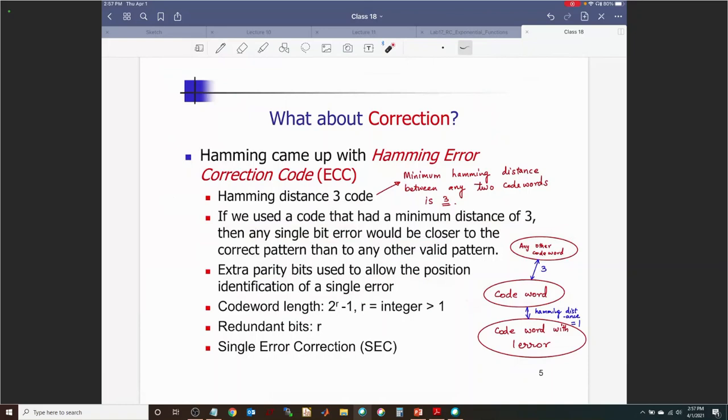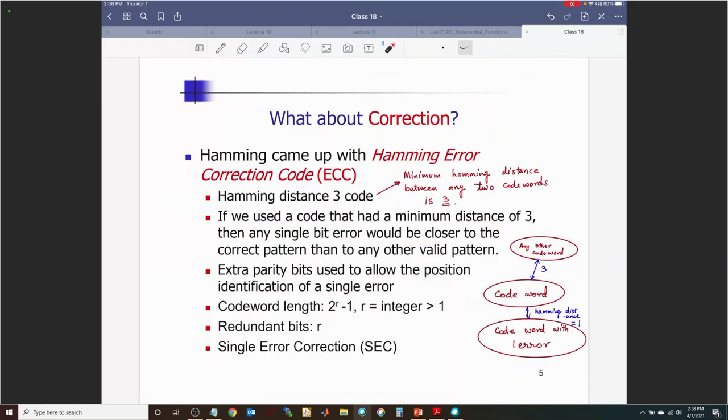Now, in terms of code word length, how big our code word can be, it is going to be related to the number of redundant bits we are trying to use to protect that code word. So if I use R bits as redundant parity bits, then the maximum code word length I can use in order to be able to correct one error is 2 raised to R minus 1, where R is an integer greater than 1.